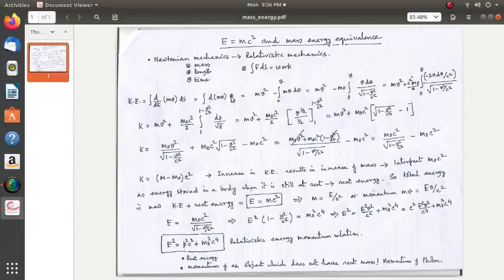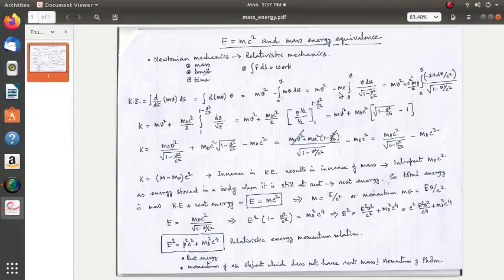ds by dt is v, so we write d(mv) v, then do an integration by parts. So this is first function unchanged integral of the second minus integral of derivative of the first and integral of the second. So let us put this relativistic definition of mass, that is m0 by root over 1 minus v square by c square, v dv.